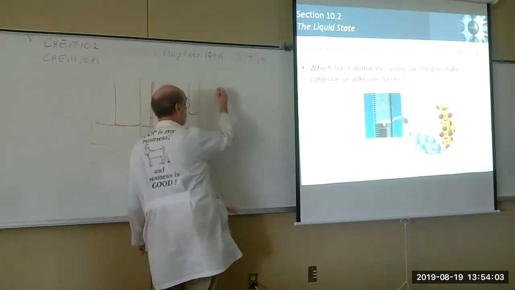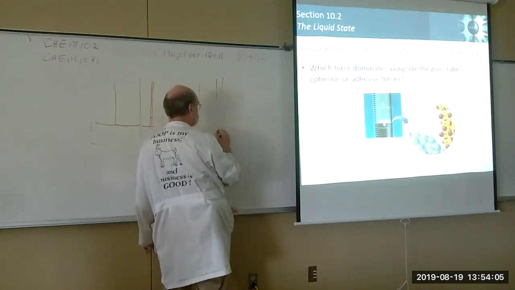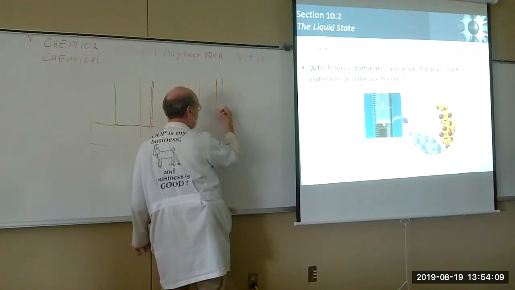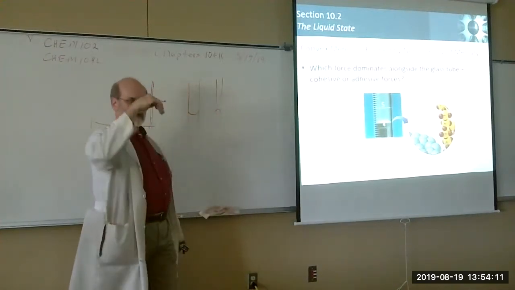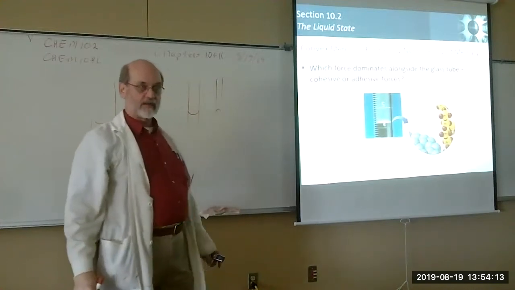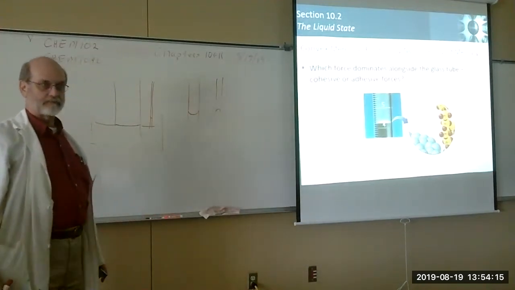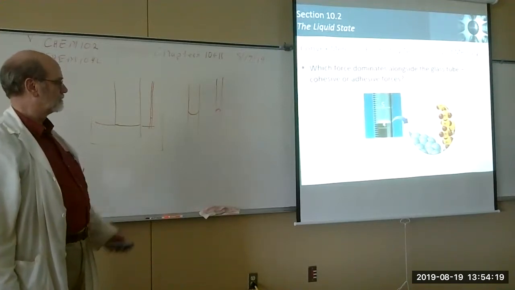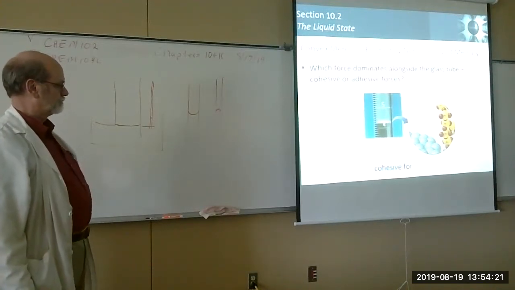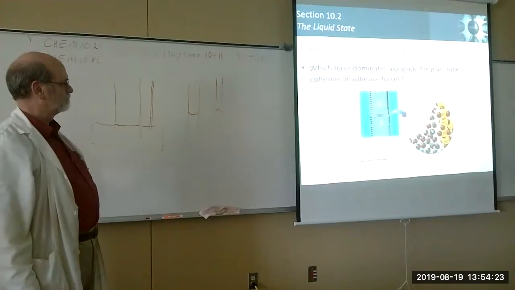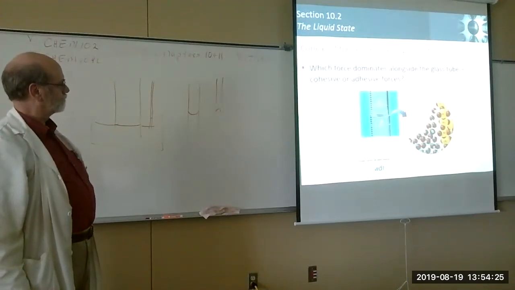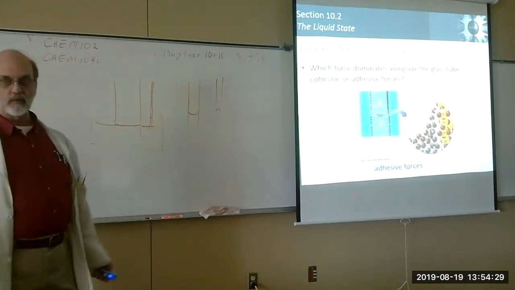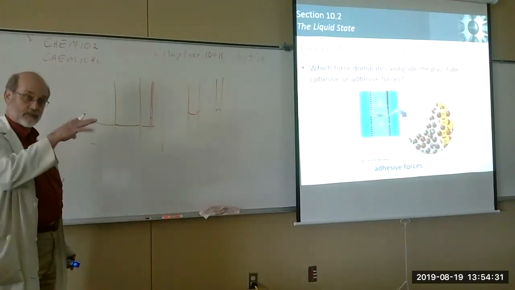If it's the other way around, if the liquid you put in there has cohesive forces stronger than the adhesive forces, you get a convex meniscus, and you see that with mercury in a glass tube. Okay? It depends on which one wins. That's the shape of the meniscus.